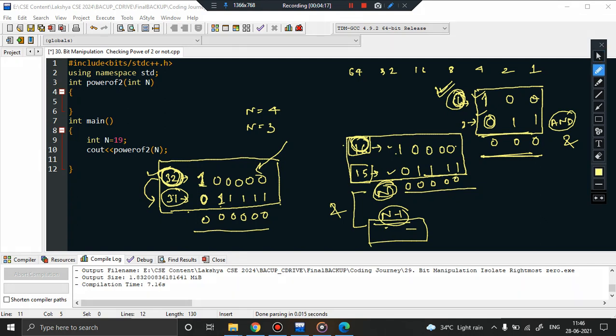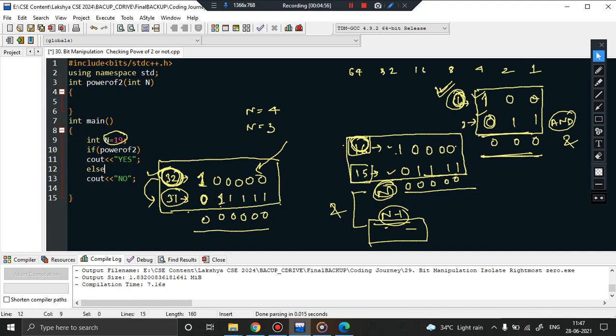So we have received the number n as, suppose, 19, and we will write: if power of 2 returns 1, if power of 2 is true, then cout yes, otherwise cout no, right?